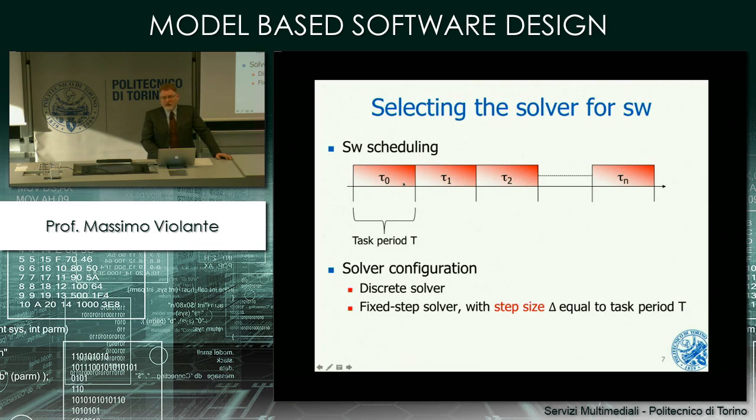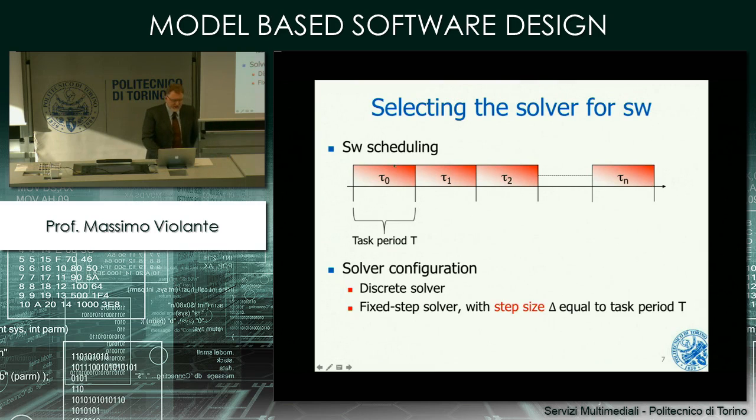We update, we compute the next state. Then we update t to the next time step, t plus delta. So we move to this point here in time where we re-evaluate our model. So in this way, you can see that the behavior of the Simulink solver is exactly what we want to achieve. It's the same behavior of a software routine.